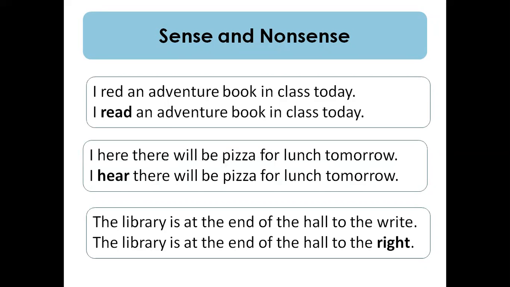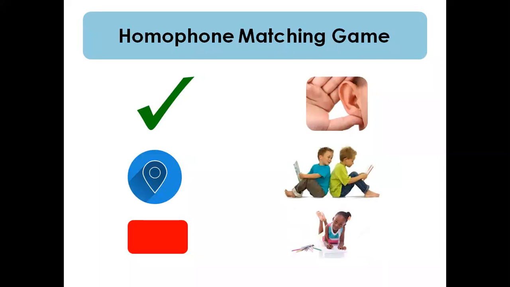Now moving forward, let's do a group activity. We're going to do a homophone matching game, and we're going to use the pictures on the left, and we're going to match them to the homophone word on the right to pair them up. So the one on the left looks like a green check mark, identifying the word right. What picture would we match that with on the right column? Bottom one.